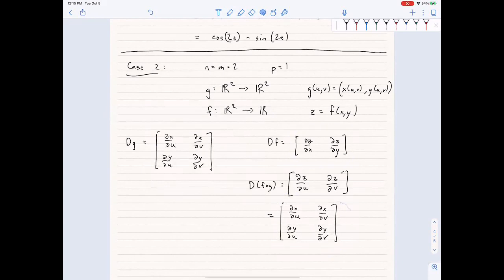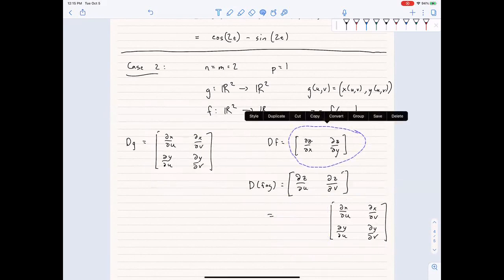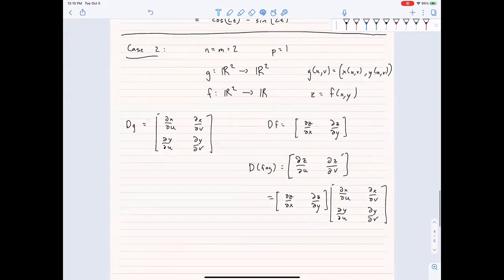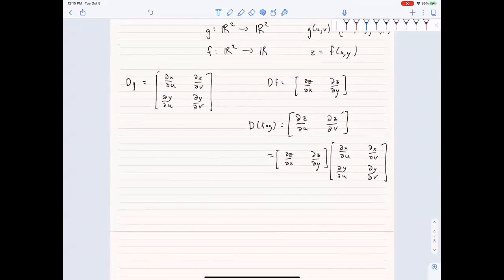Pardon me, I switched the order. Wrong order. This matrix. So you get two equations, one for each partial derivative, and you can write them out.